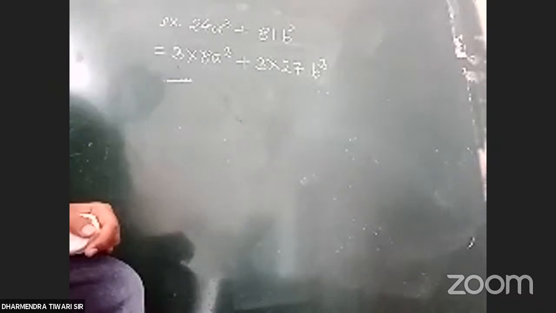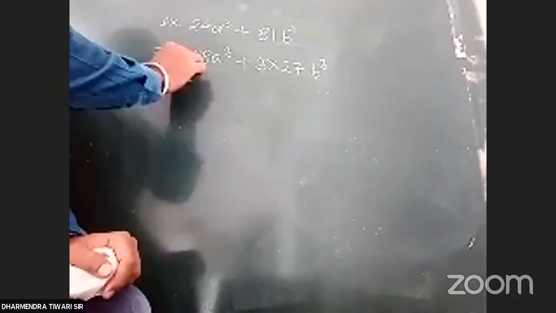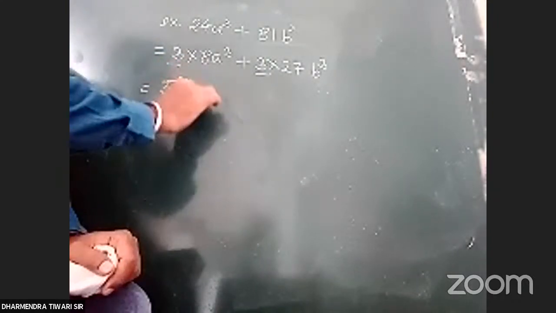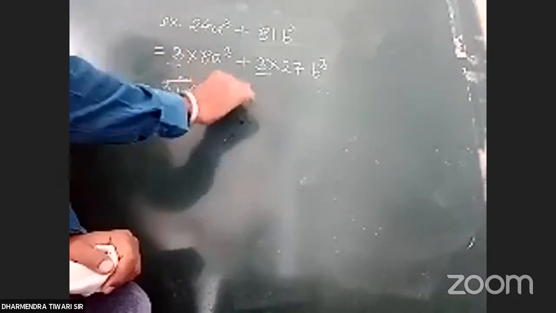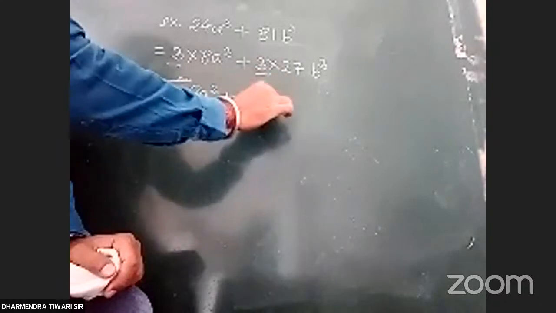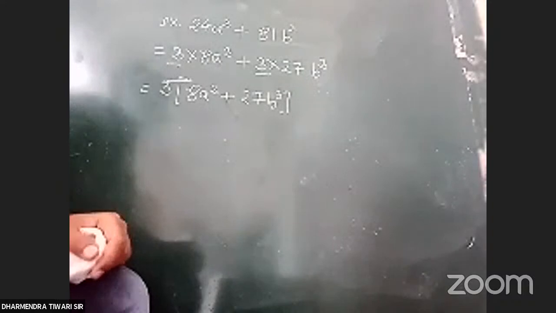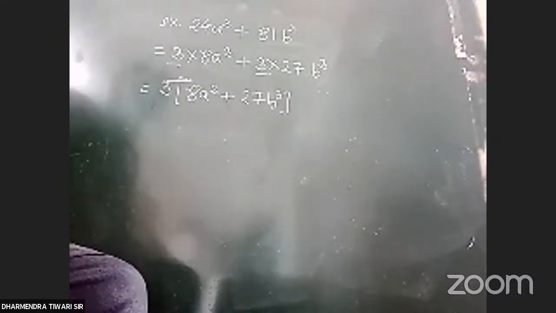Our observation is that 3 is common in both. So we can write it as 3 into (8a cube plus 27b cube). Now we can see that it has taken the form of an expression that we have done before this problem.